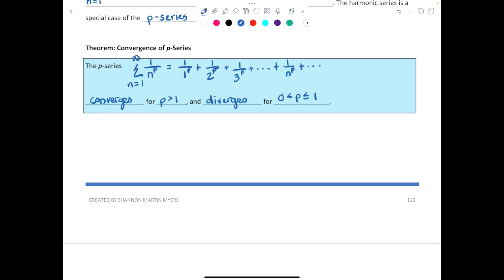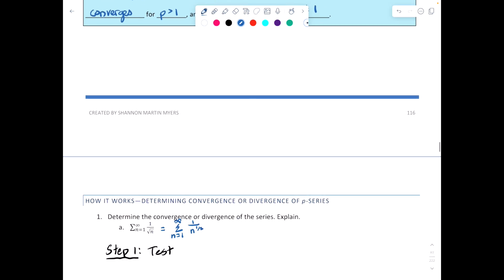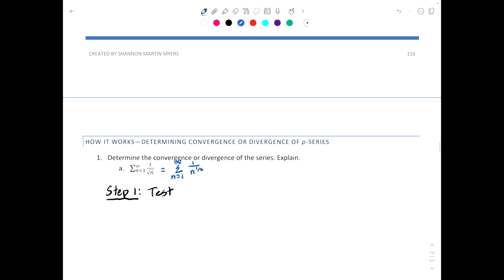I know you could rewrite this with a negative exponent, but you don't want to do that for this one, because you want to have it as 1 over n to the something so you can see what your p is. So this certainly is a p-series, right? And so we can skip conditions because we can write it in the correct format.